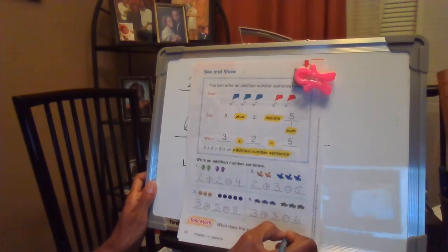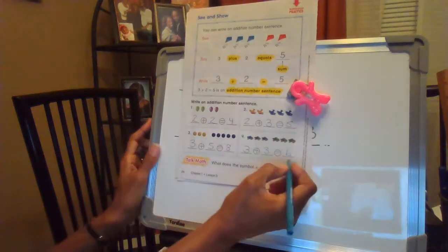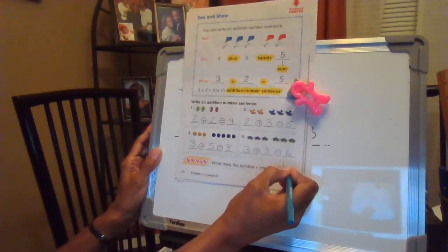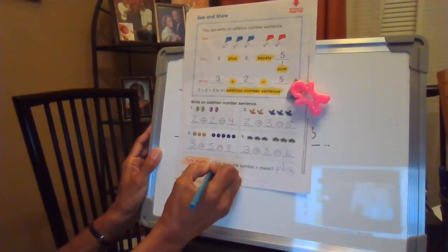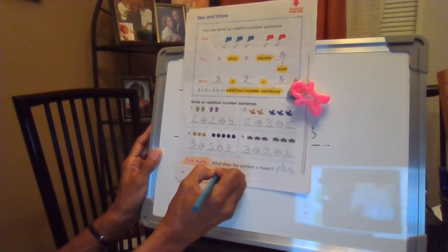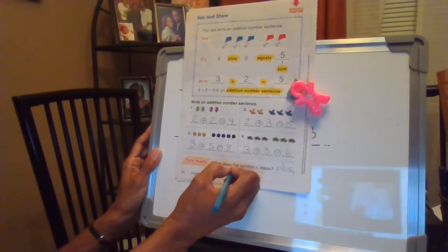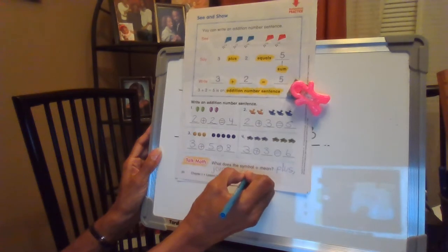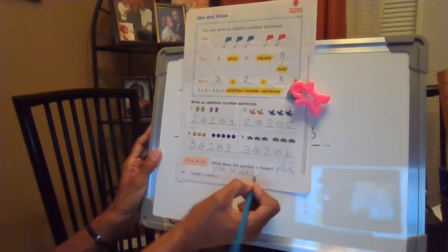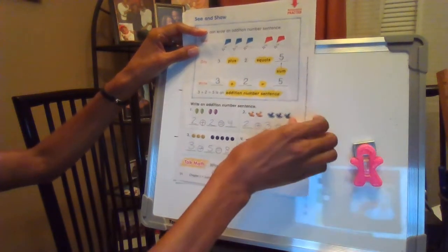So I'm going to write the words plus, comma, join, or add. Okay, or add to.